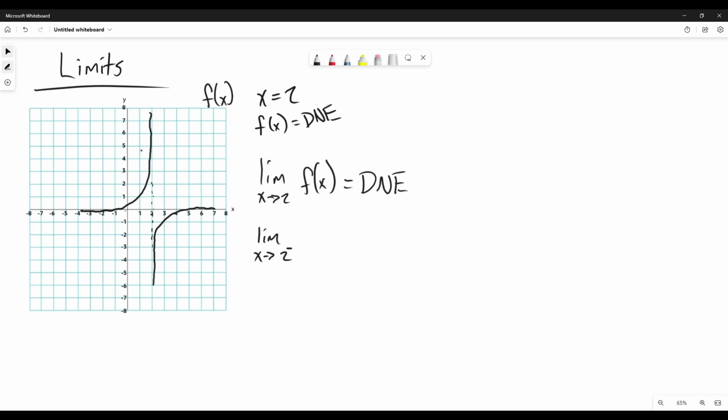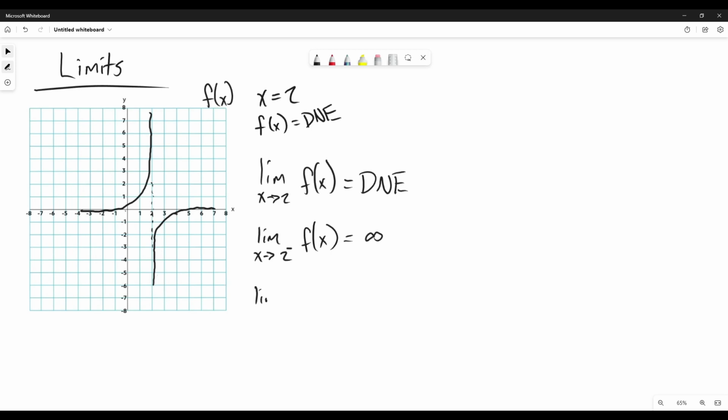So it would be a number like x equals 1.99999, repeating. As x approaches the left side of 2, the function goes up, and since it approaches all the way up, it never stops. So you would say the limit as x approaches 2 minus of f of x would be infinity.